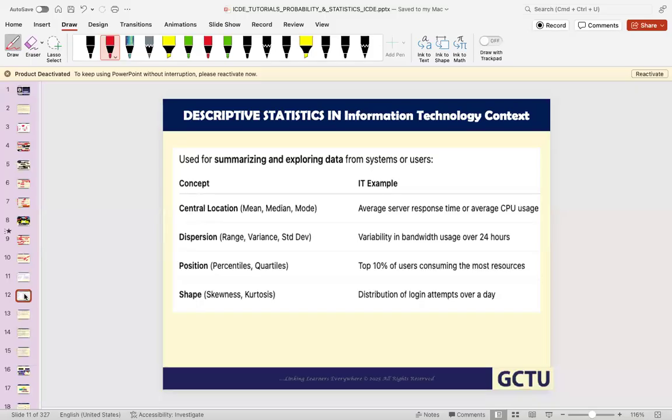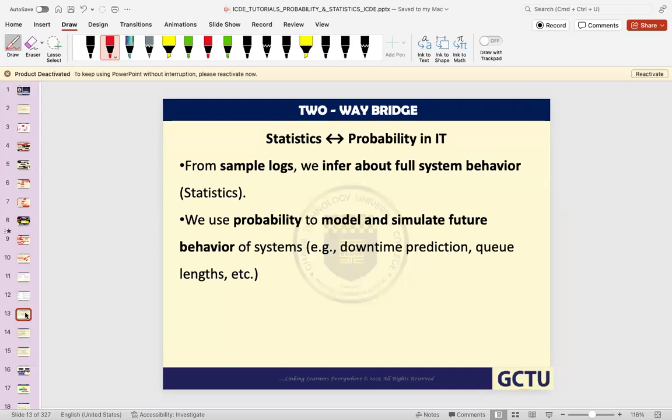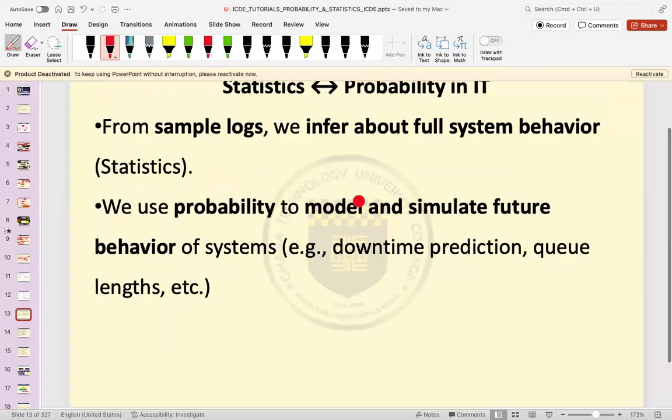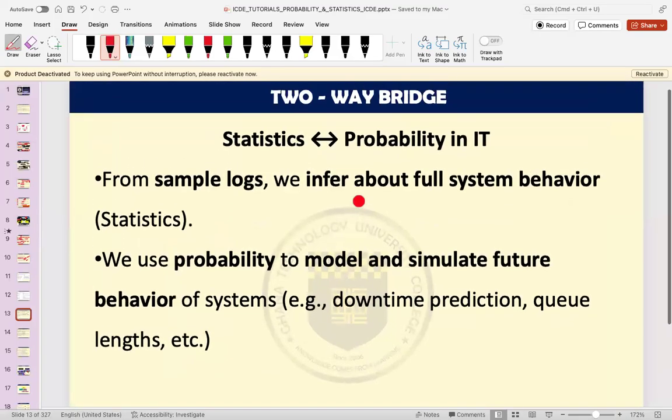So in concluding for today, until we continue next week, this is how I want to end the class. Now, statistics and probability in IT is like a two-way bridge.